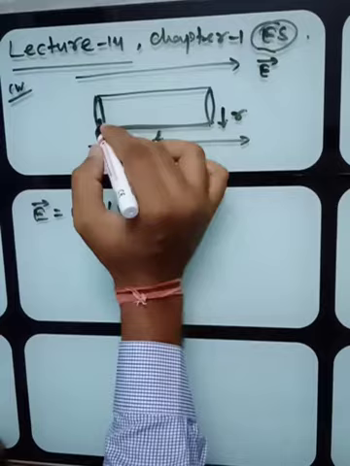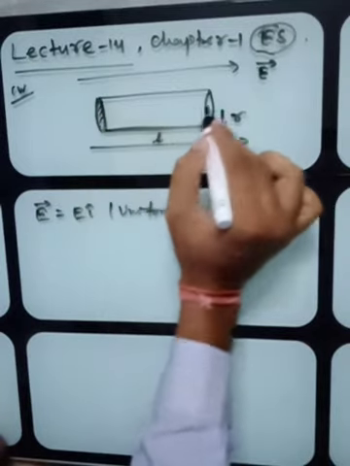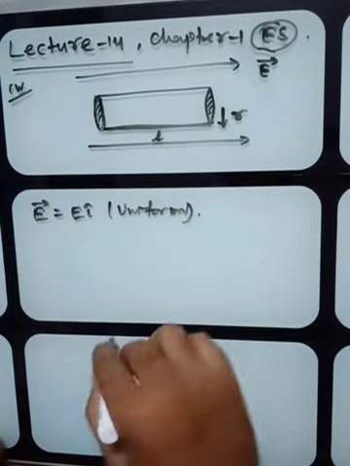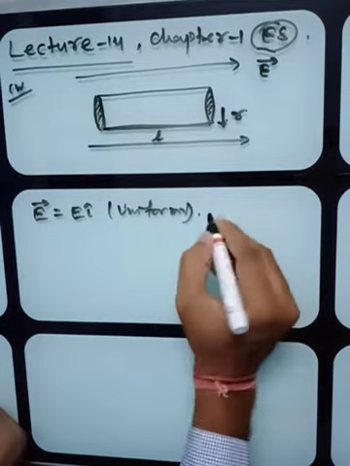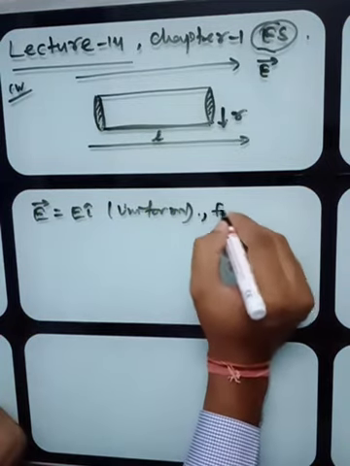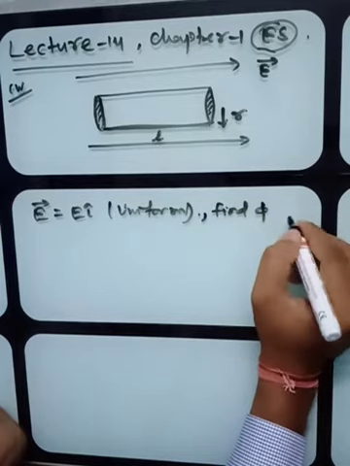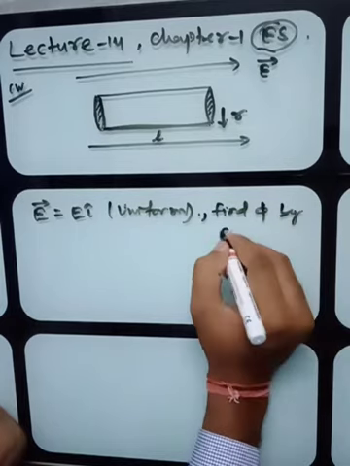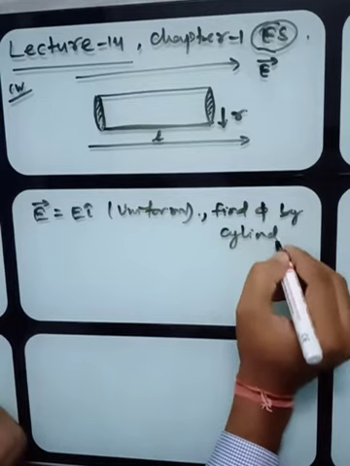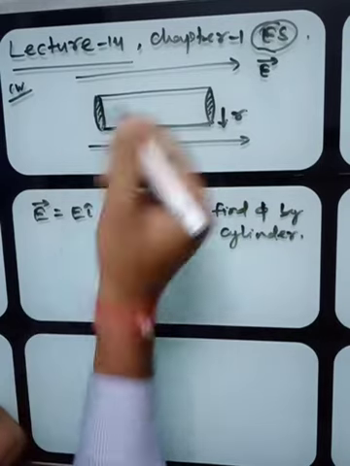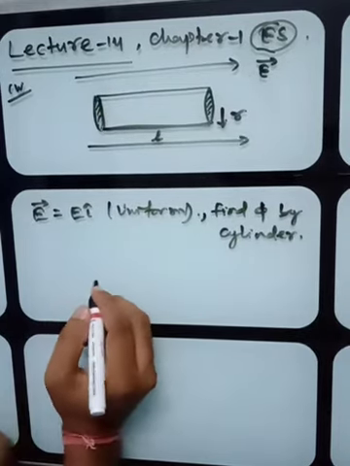You have to find the flux through or by the cylinder. This is your question. Okay, try to solve this question. Pause the video and try to solve the question.